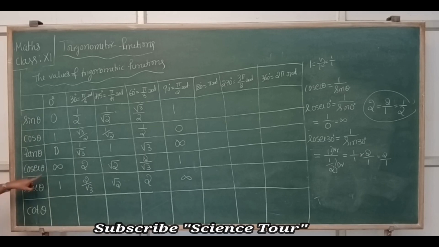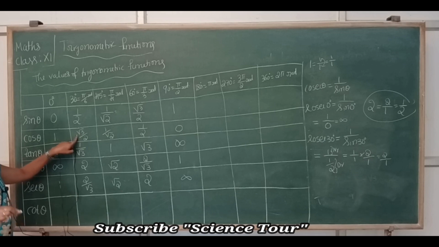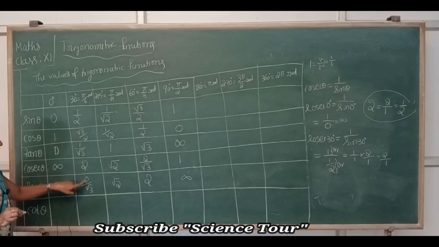So one method is taking from the cosecant side, and one more method is taking the reciprocal of cos. Cos 0 is 1. What is the reciprocal of 1? It is 1. Cos 30 is root 3 by 2. The reciprocal is 2 divided by root 3.